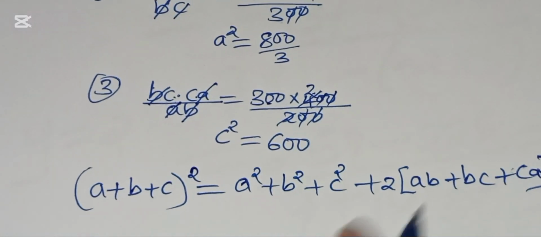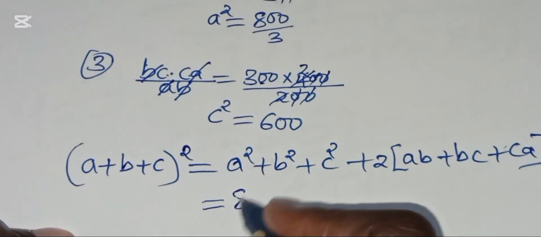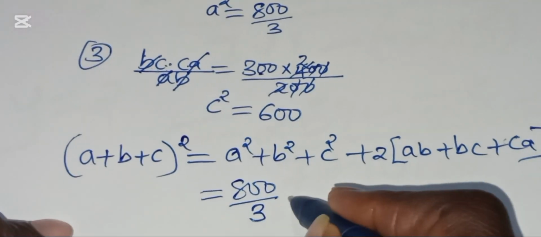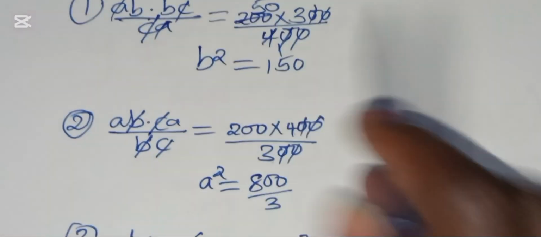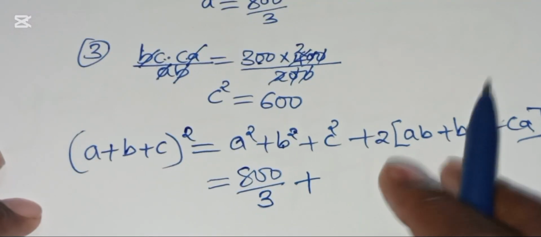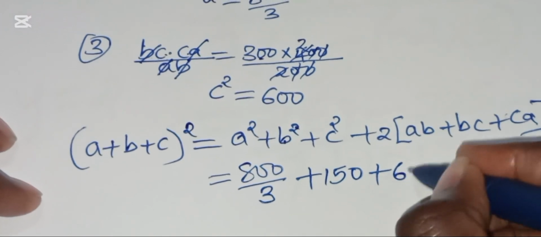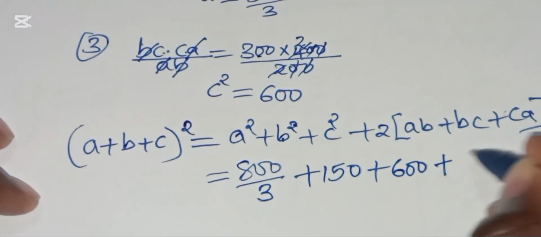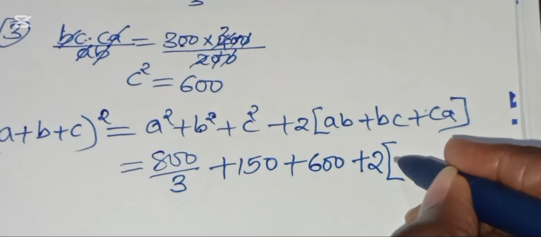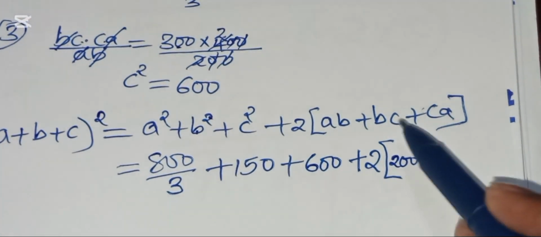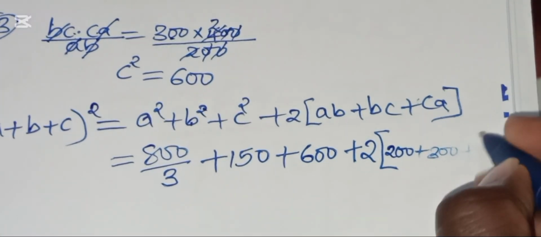From our calculations, a squared is equal to 800 divided by 3, plus b squared, which is 150, plus c squared, which is 600, plus 2 multiplied by ab, which is 200, plus bc, which is 300, then plus ca, which is equal to 400.